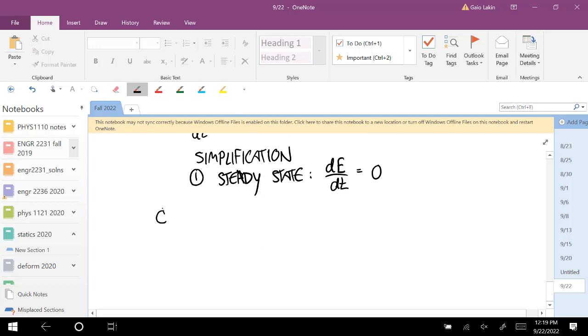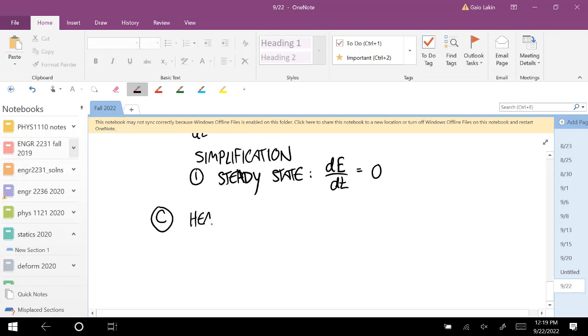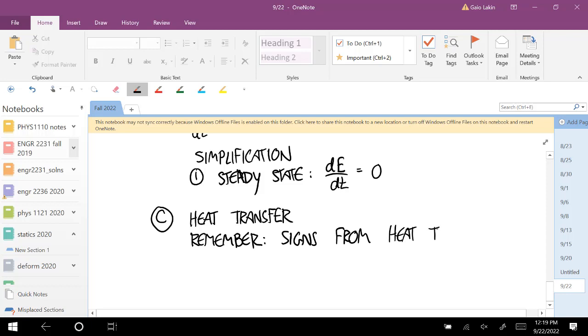So what I'm going to call the third category are the heat transfer equations. And the thing to remember about this is the signs from the heat transfer equations can't be trusted with the first law.